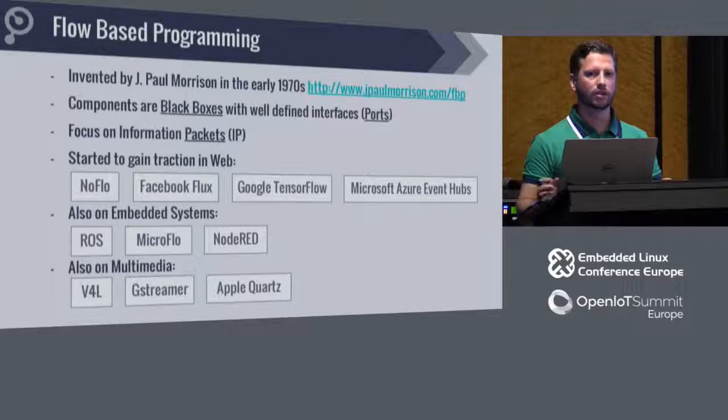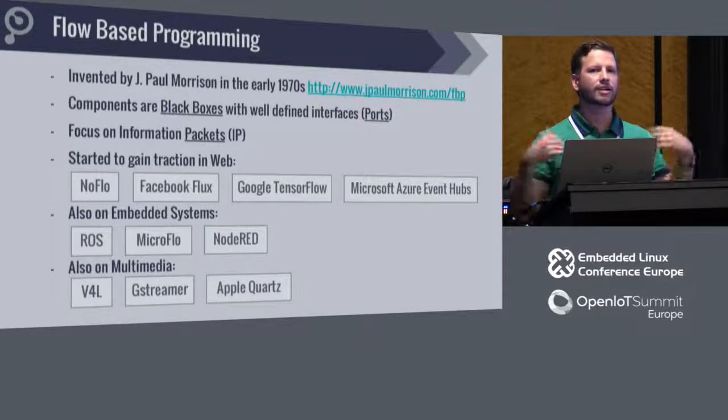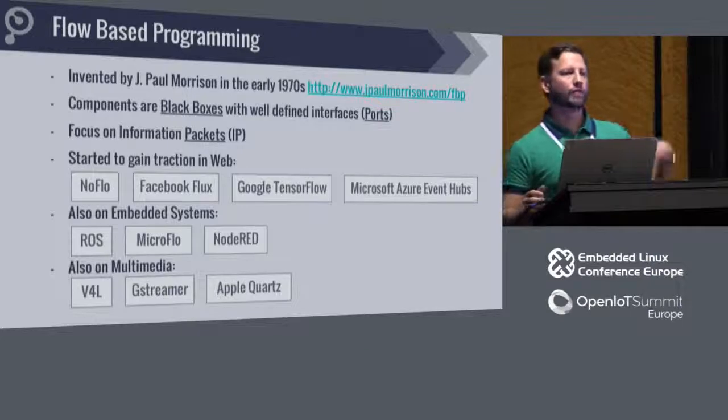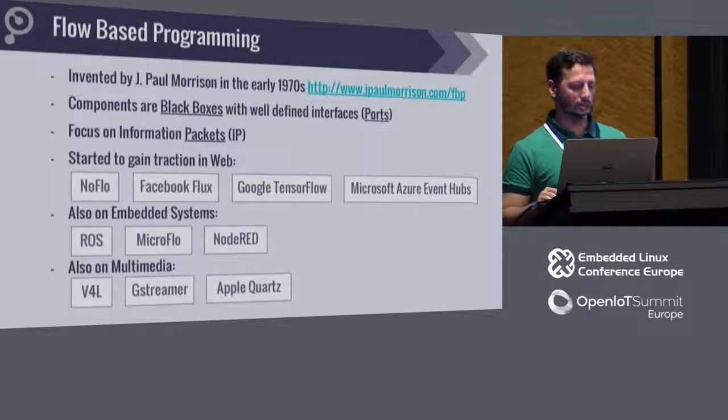So, ports, input and output ports. They produce or take information packets. That's the data, right? The sensor is on or off, if there is a string, if there is a color, if there is a temperature, things like that.